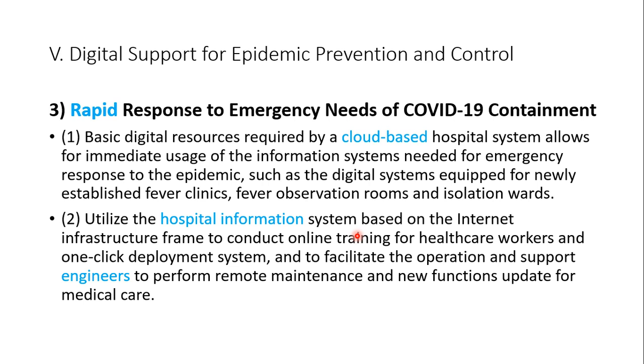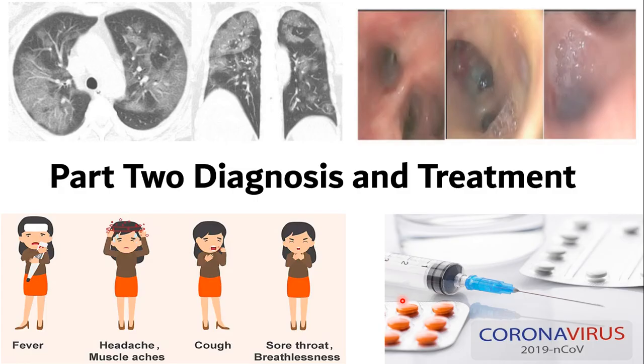Utilize the hospital information system on the internet infrastructure to conduct online training for healthcare workers and one-click development of systems, and to facilitate the operation and support in general, to perform remote monitoring and new function updates for medical care.